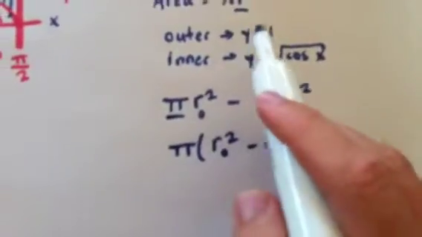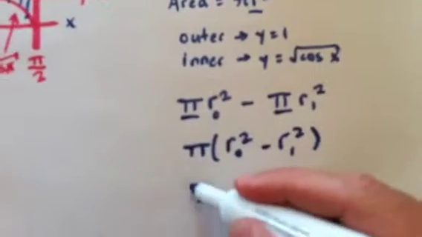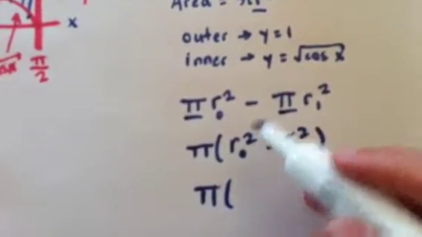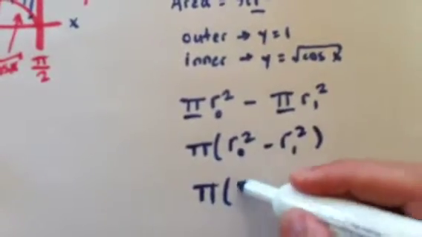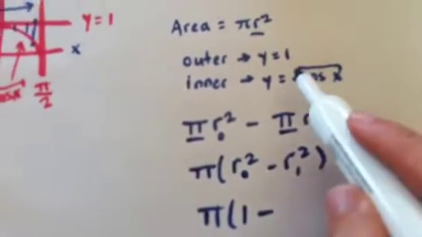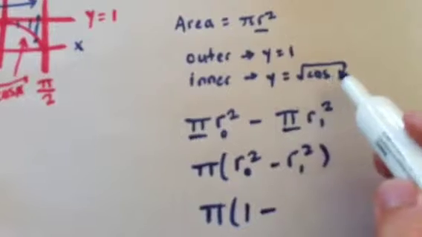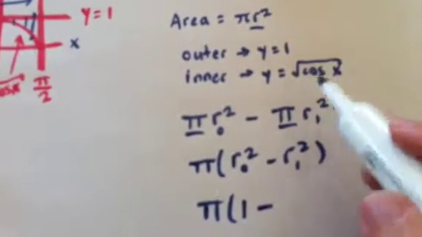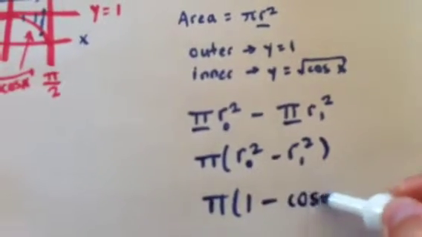And our outer, let's plug that in, that's pi, and 1 squared is 1. And then we're going to get minus the square root of cosine squared, which takes away the square root, so you're just going to get cosine.